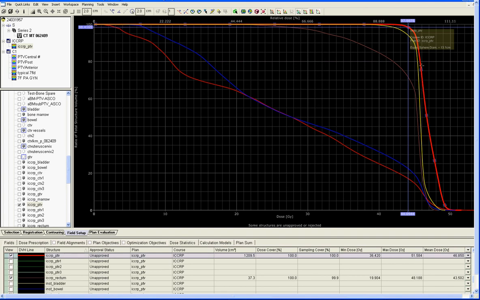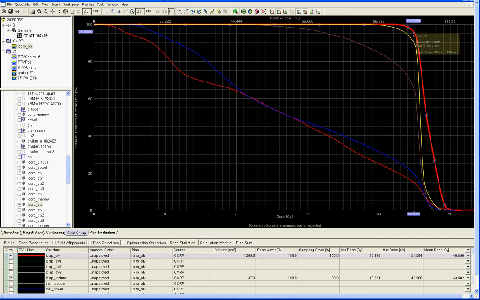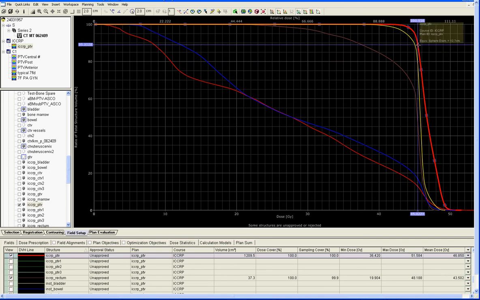The first constraint is that the 99% prescription isodose should encompass more than 90% of the PTV. 90% of the PTV is represented here, and that's receiving 100% of the prescription dose. So that is met.